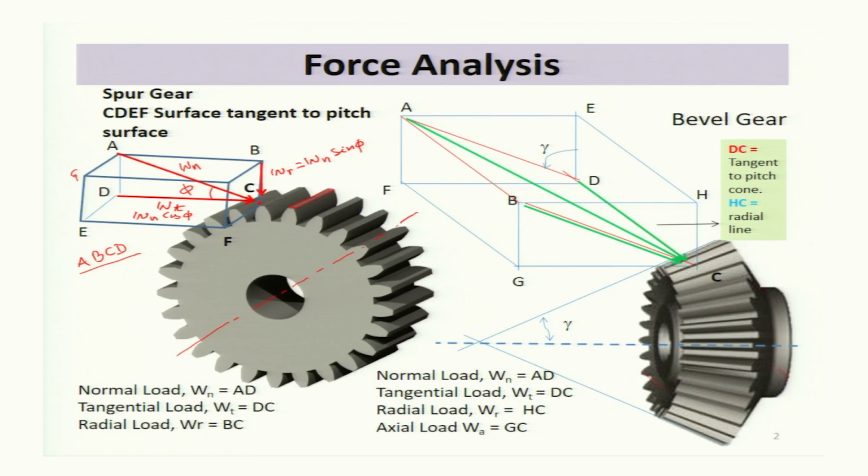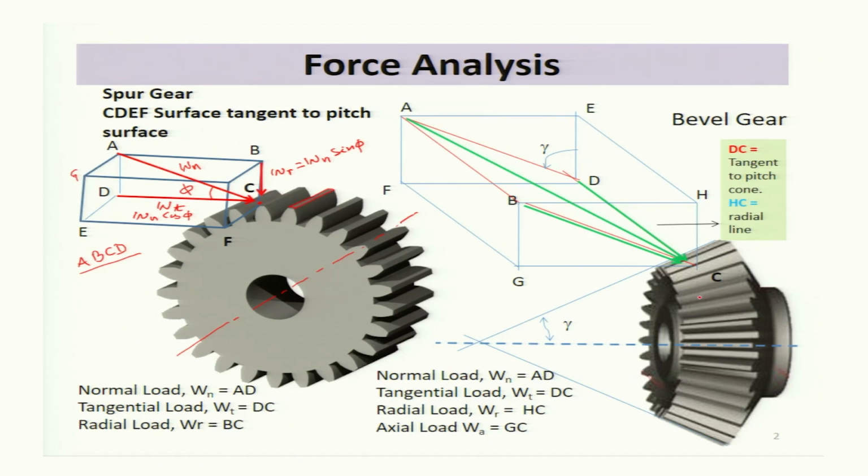Now if we inspect the bevel gear, the surface formed by joining all the top lands will not be a cylindrical surface.